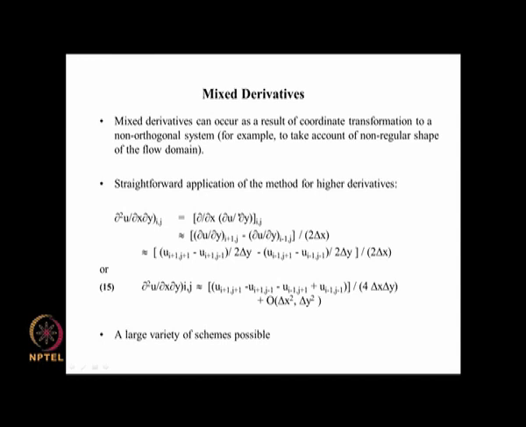Okay. So now we can evaluate this function, which is the variation of this function in the x direction. So we can write this as dou u by dou y at i plus 1, j minus dou u by dou y at i minus 1, j. So we are evaluating the x derivative of this function, and x derivative means that here we are using central differencing.